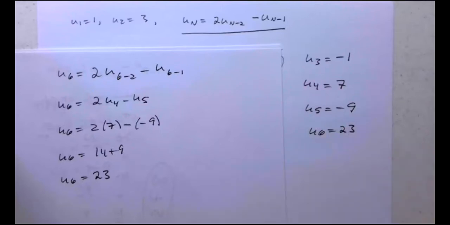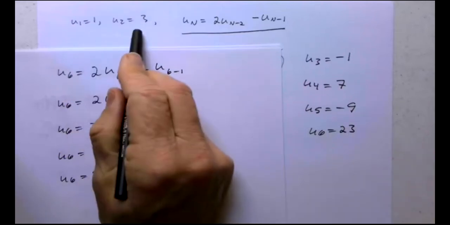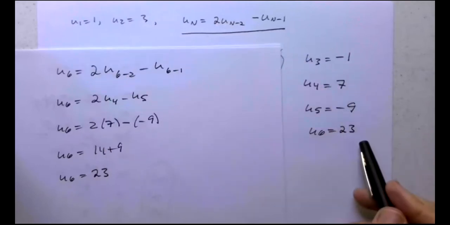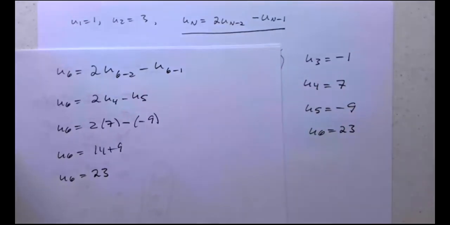So we have u1 is 1, u2 is 3, u3 is negative 1, u4 is 7, u5 is negative 9, u6 is 23.